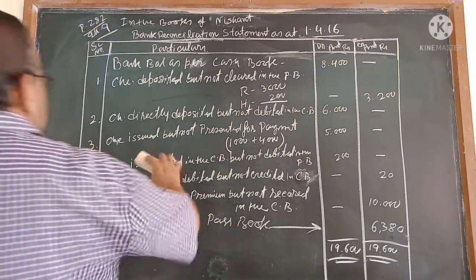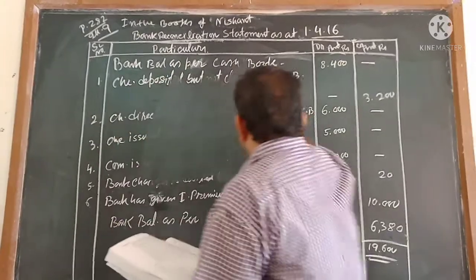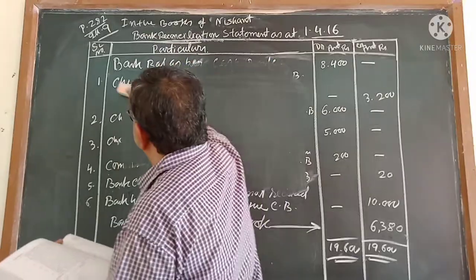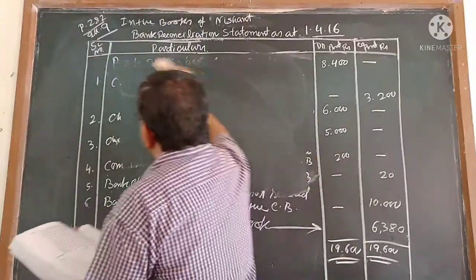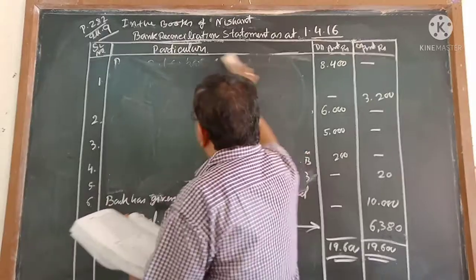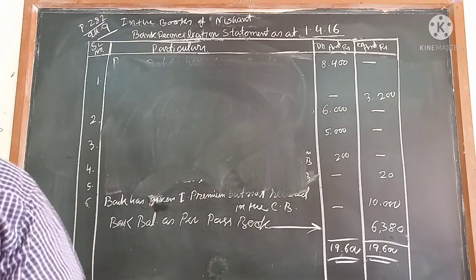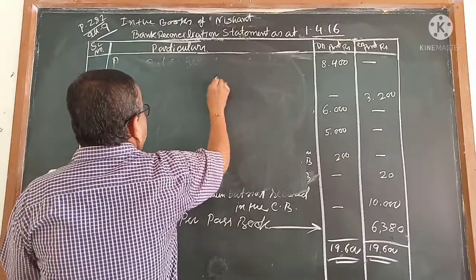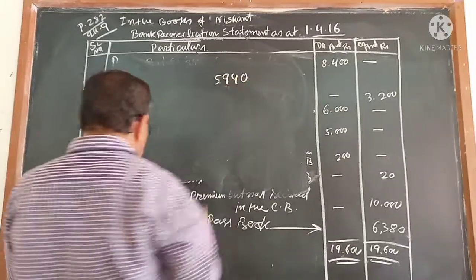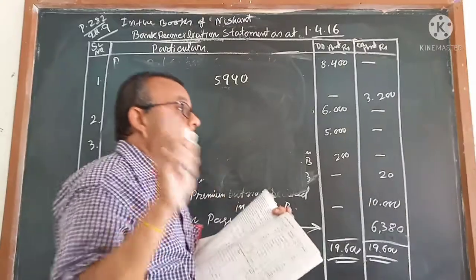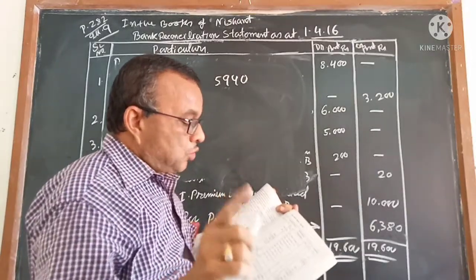So automatically the question comes to your mind that from the starting of the balance there is a mistake. But it is not like that. The starting of the balance is not a mistake, because the opening balance of the cash book is given 5,940.